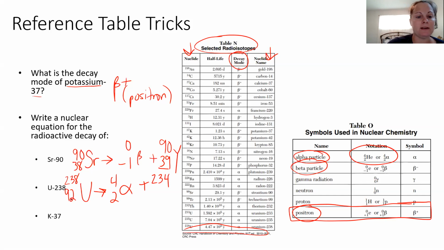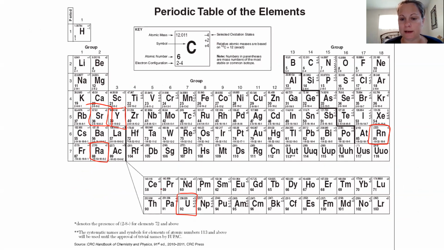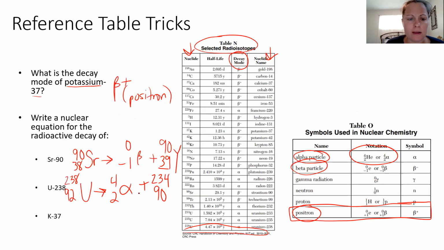As far as an atomic number, 92, I'm losing 2 from that. My new atomic number would be 90. And my last step, what is element 90? Th, which I believe is thorium. And I'm done with that decay equation.